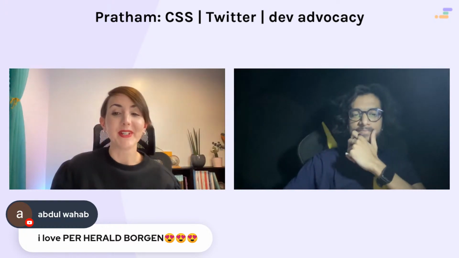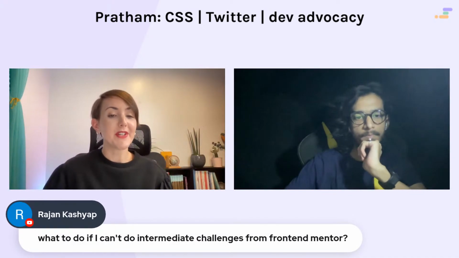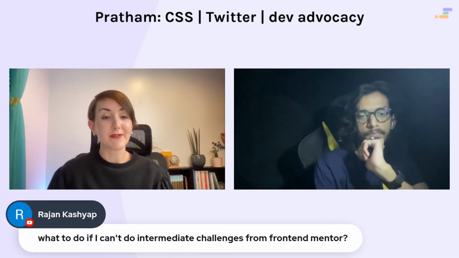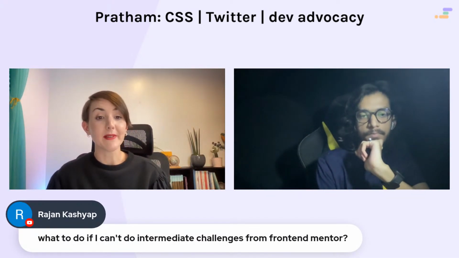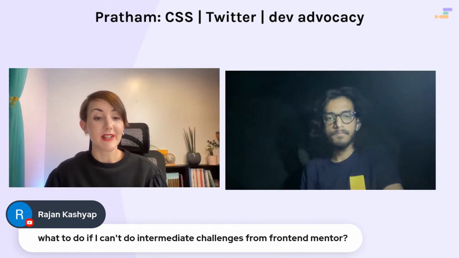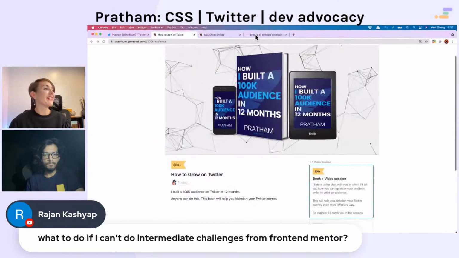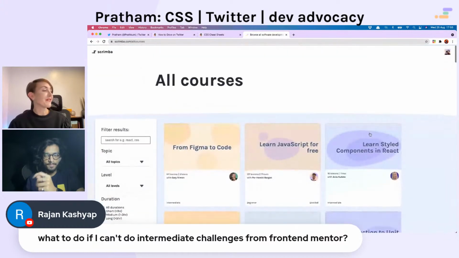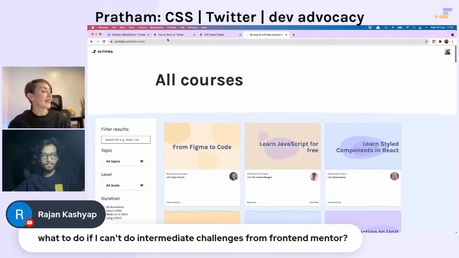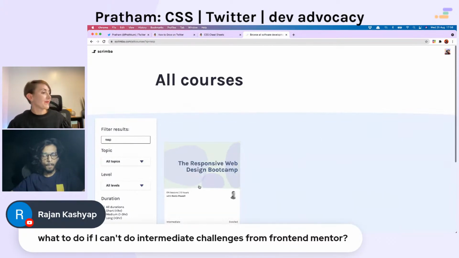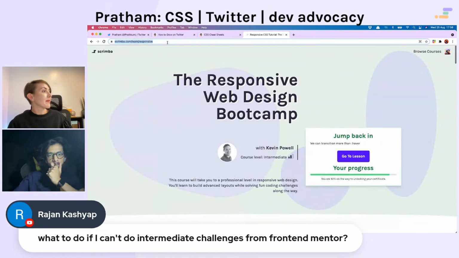Abdul says, I love Per Haldborgen. That's our CEO. I'm sure he'll be very glad to hear this. Oh, Rajan, what to do if I can't do intermediate challenges from Front-End Mentor? Well, I would recommend, because I have to, but I also would anyway, even if I didn't have to, going to Scrimba and checking out this course, the Responsive Web Design Bootcamp.